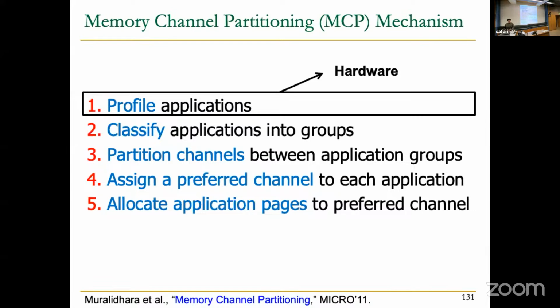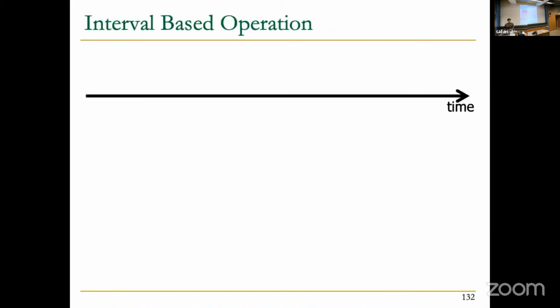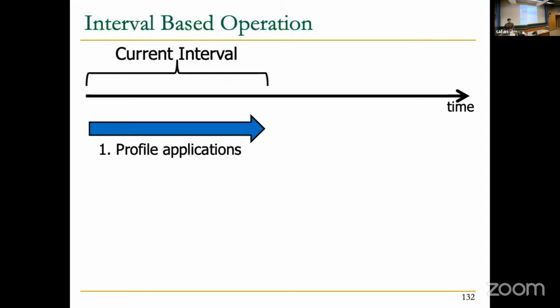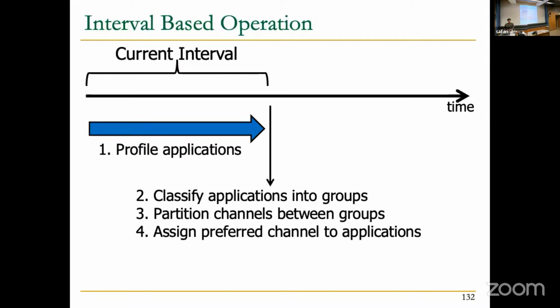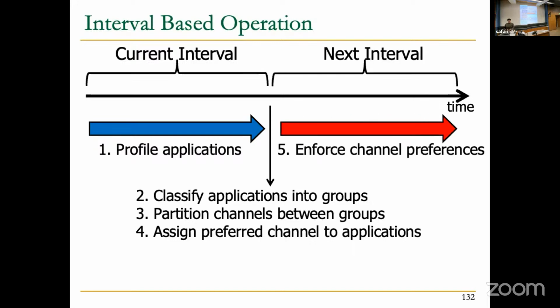The profiling step is done by the hardware, and the system software deals with the rest of the steps. It's also similar to the quantum-based or interval-based operation that we described for TCM. In the current interval, we're profiling the applications to gather some statistics, classify them into groups, and partition channels between groups. In the next interval, we will enforce the preferences that we came up with for these applications.